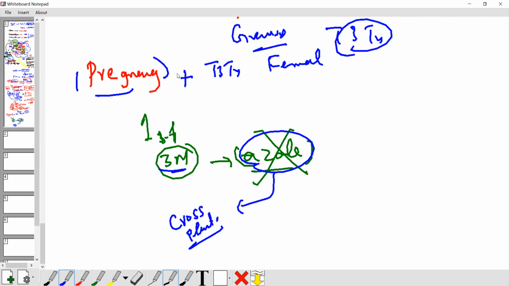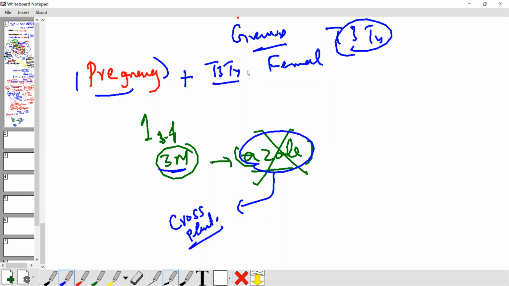I must treat hyperthyroidism or hypothyroidism in pregnancy, because thyroid hormone is also important for brain maturation. So you must control the thyroid level.